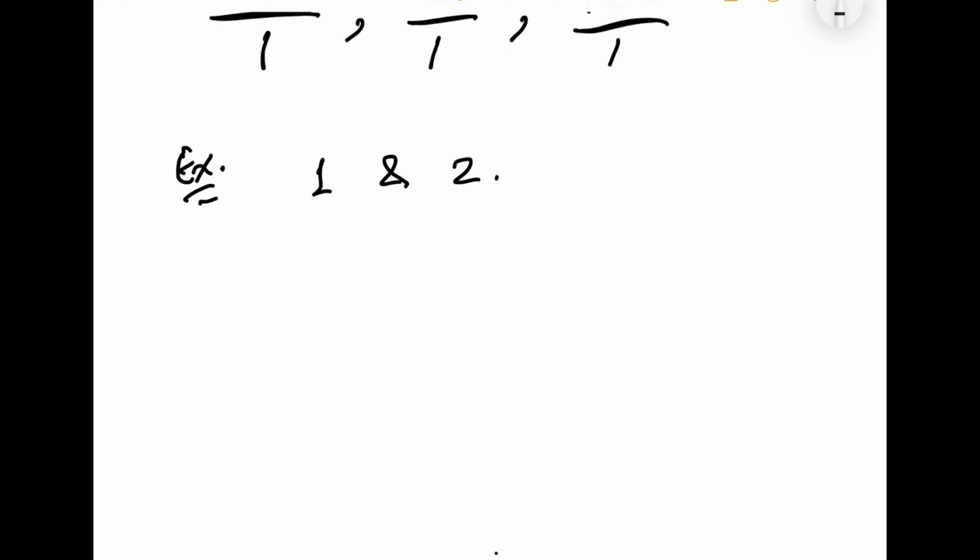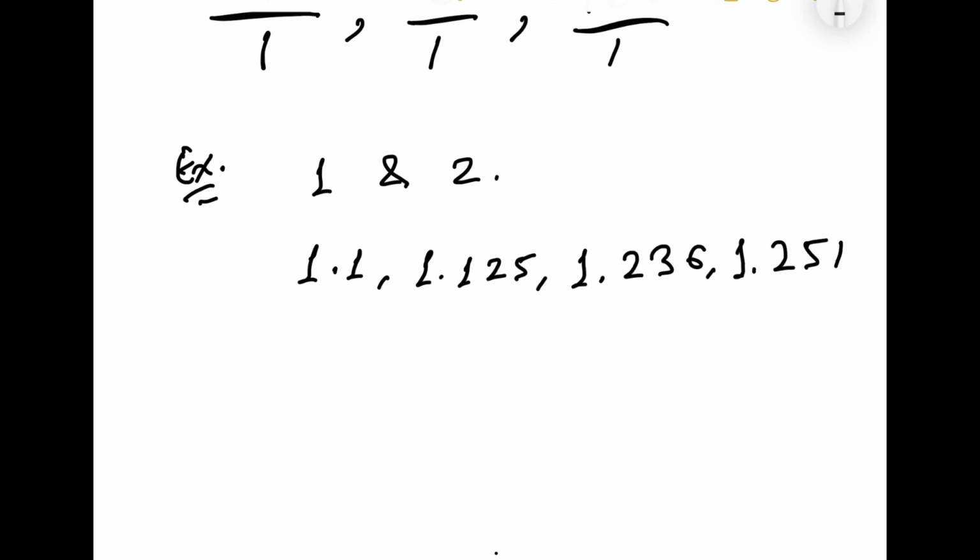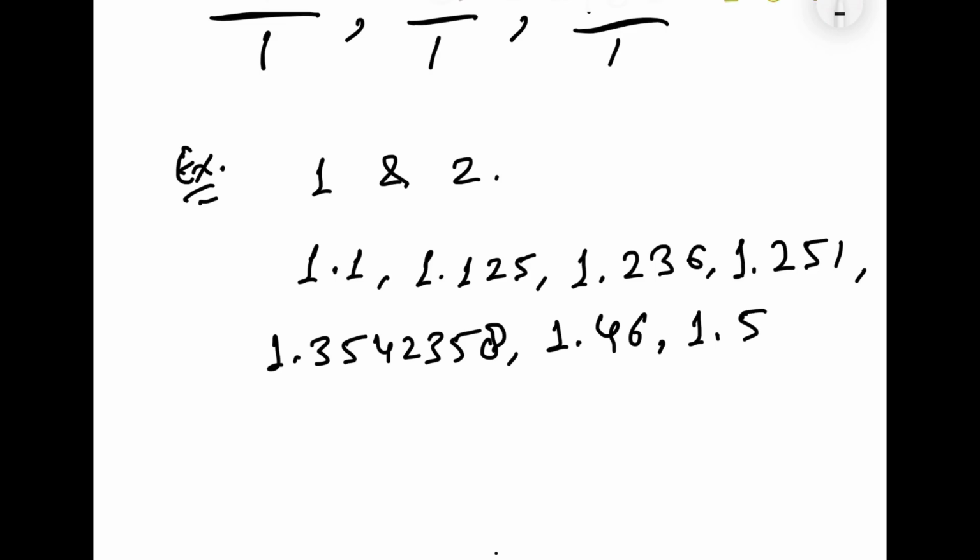Take an example: 1.1, 1.125, 1.236, 1.251, 1.354238, 1.46, 1.5, 1.611. So what can you say about how many rational numbers there are between any two numbers? The answer is infinite. There are infinite rational numbers between any two numbers.